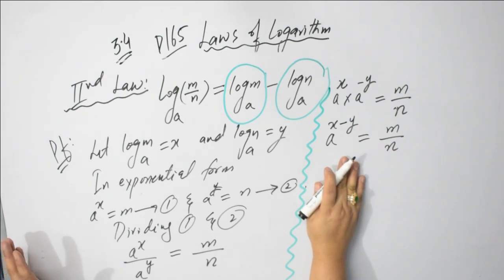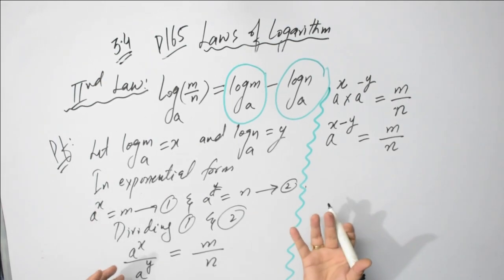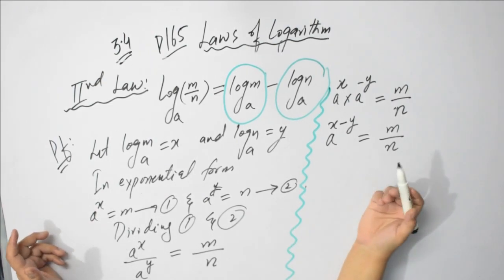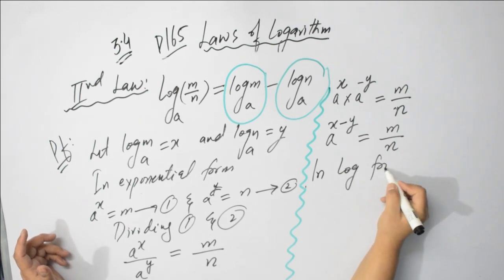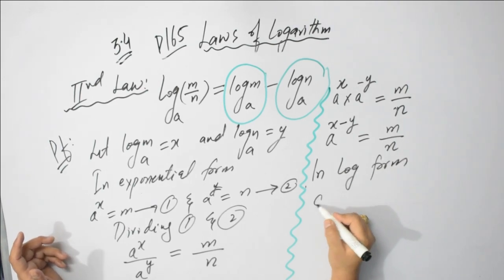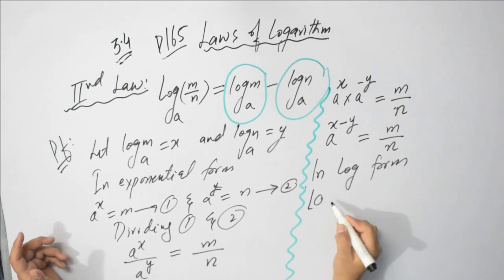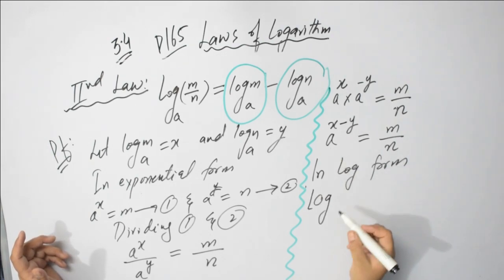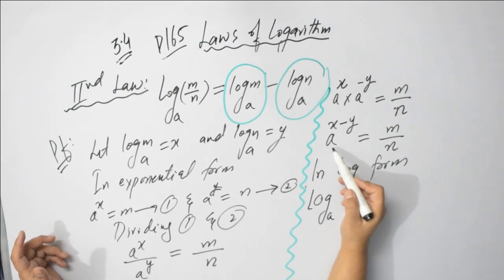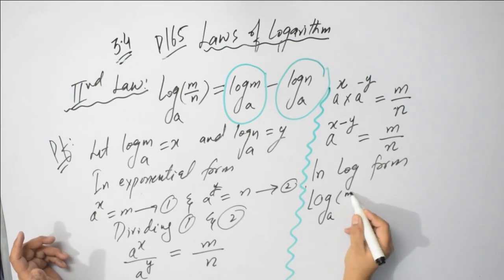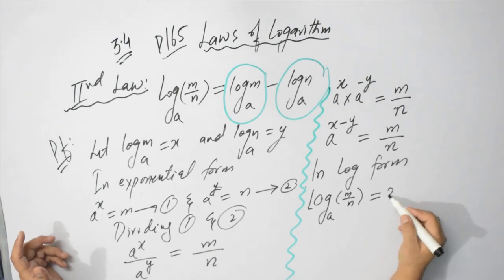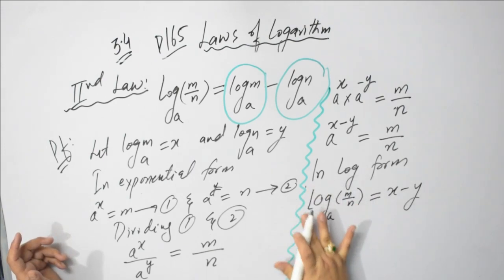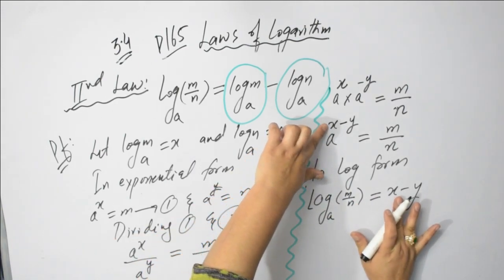That's it. Here we divided the exponential form and this came. Now the second last step, you know, we will write it again in logarithmic form, in log form. Log form is: log base, this is the base, now it is the base of this number, m divided by n is equal to the exponent. You know, log is always equal to exponent.